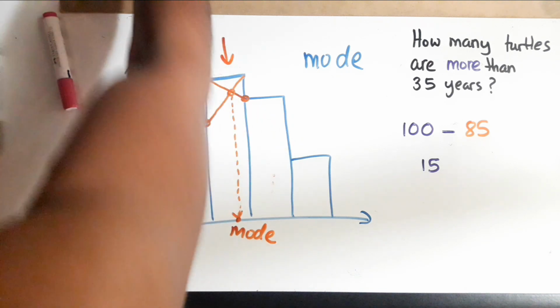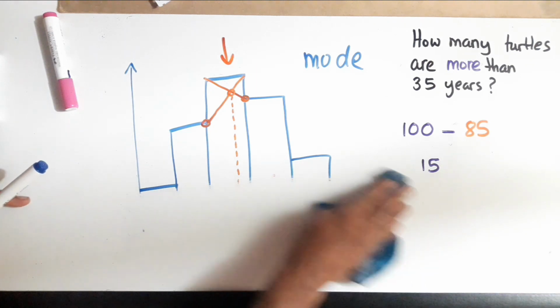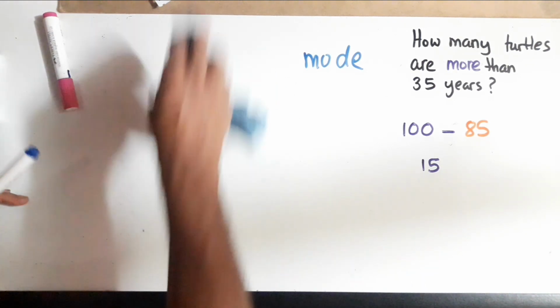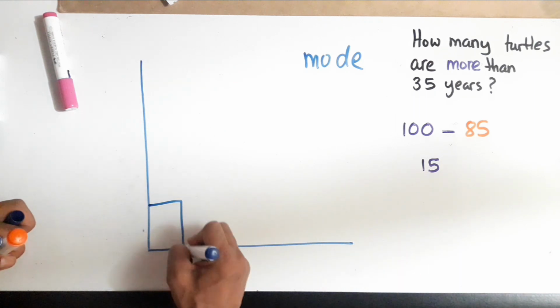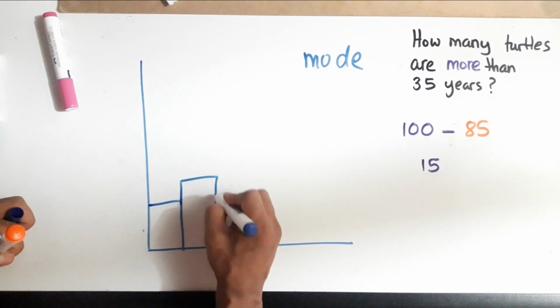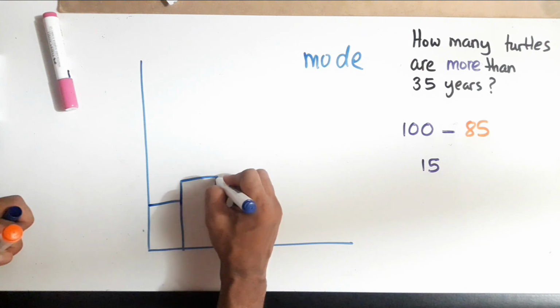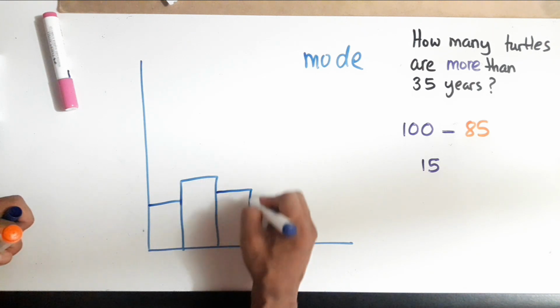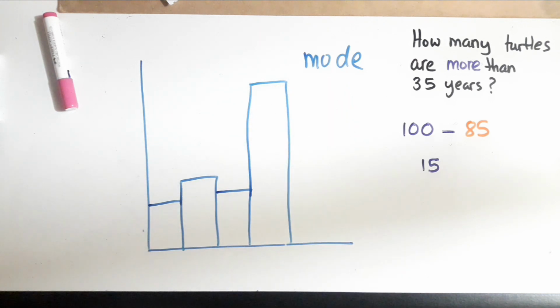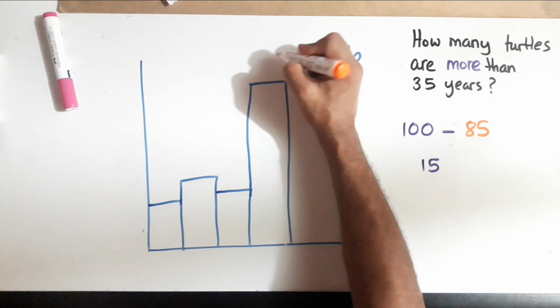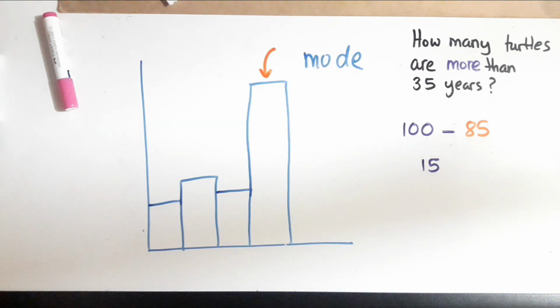Now there's a harder version to this one. So let's find the mode of another histogram. Let's say the histogram was like this now. You had one here, one taller, a shorter one here, a shorter one here, and then a really tall one. But you don't have a block on the other side. So they ask you to find the mode. To find the mode, you look for the tallest block.